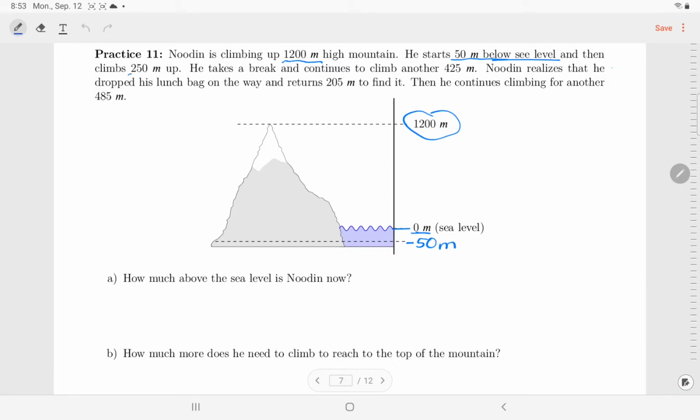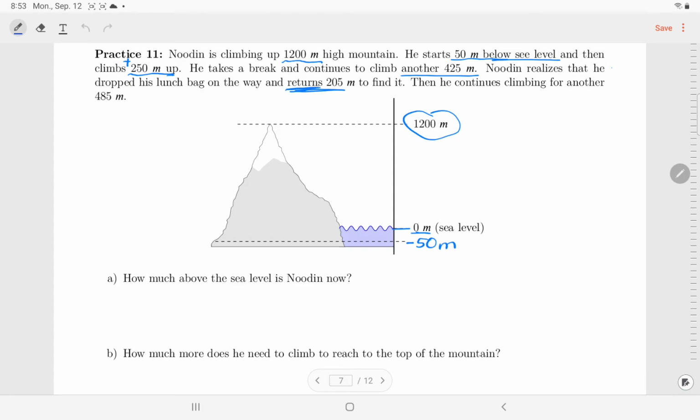Then he climbs 250 meters up. If it's up, it's addition, positive. He takes a break and continues to climb another 425 meters. Nudin realizes that he dropped his lunch bag on the way and returns 205 meters to find it.